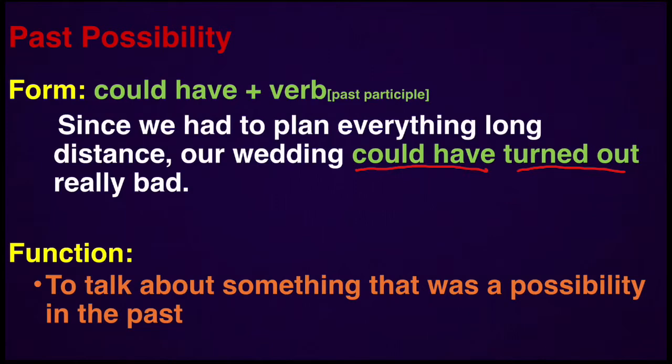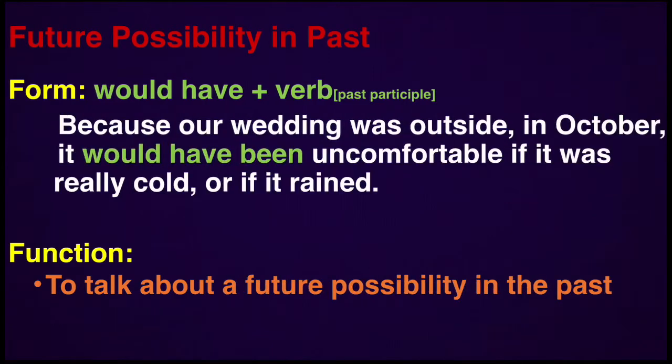The wedding turned out good. It turned out really good. But we're saying that because we had to plan everything long distance, it was possible that it might have been bad. So we use this to talk about something that was a possibility in the past, but it didn't actually happen.